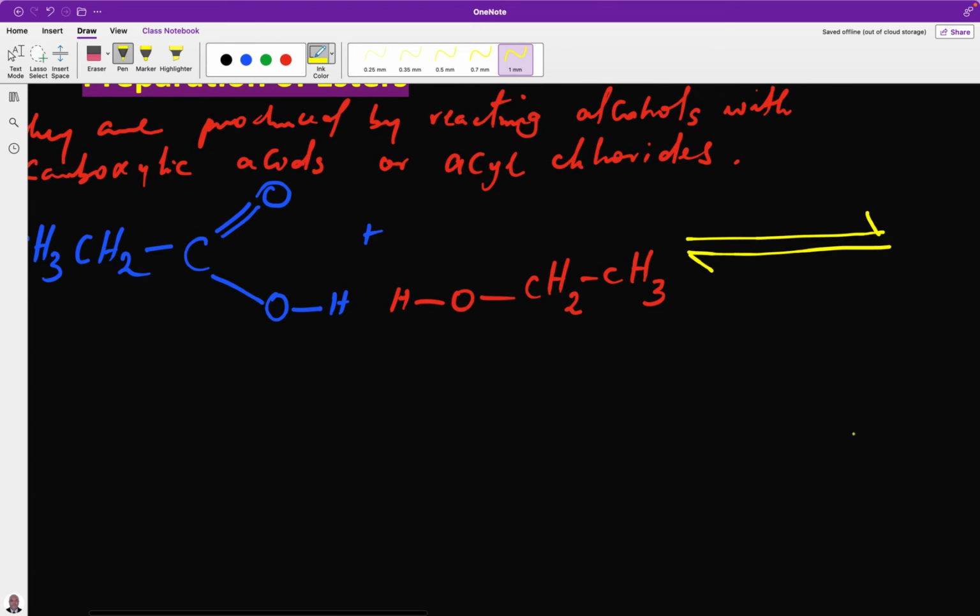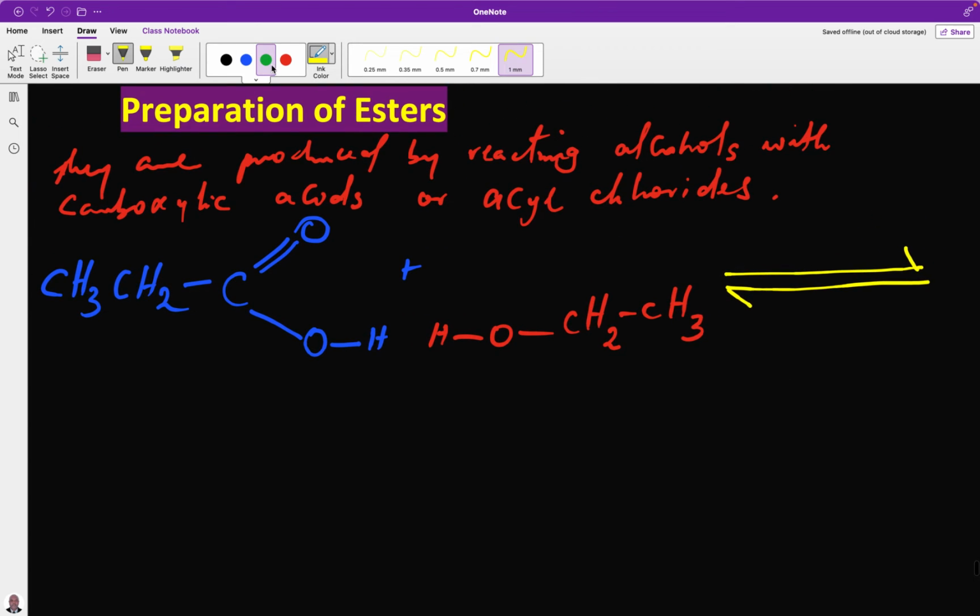In that case, we are going to heat the propanoic acid and ethanol under reflux with concentrated sulfuric acid acting as a catalyst.